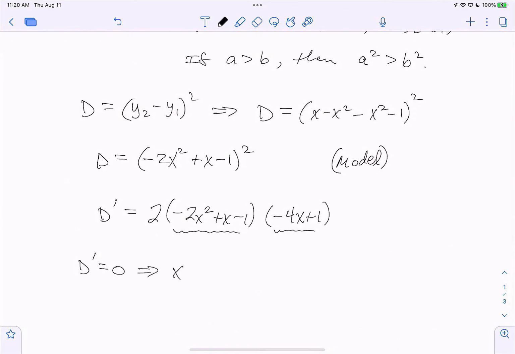Clearly from the second one, we can see that x is equal to 1/4. From the first one, if we just look at the discriminant for the quadratic formula, b squared minus 4ac is going to equal 1 squared minus 8. That's negative. This actually doesn't give me a real number solution. So the minimum vertical distance occurs when x is equal to 1/4.